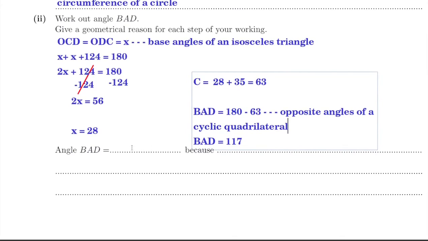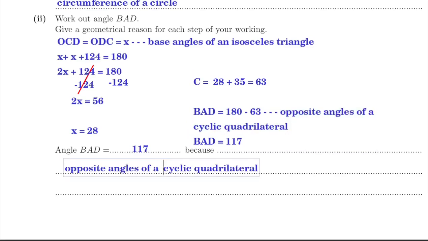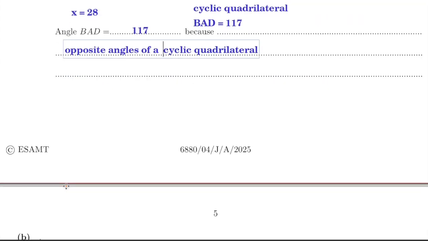So BAD is equal to 117. The reasons are already there, but we can put this one here: opposite angles of a cyclic quadrilateral.